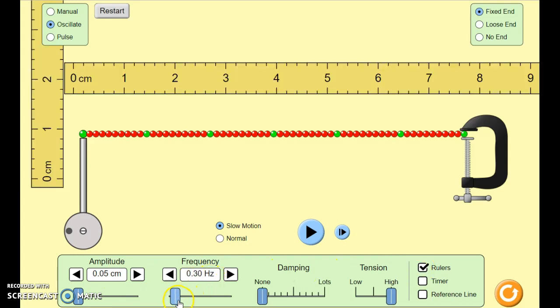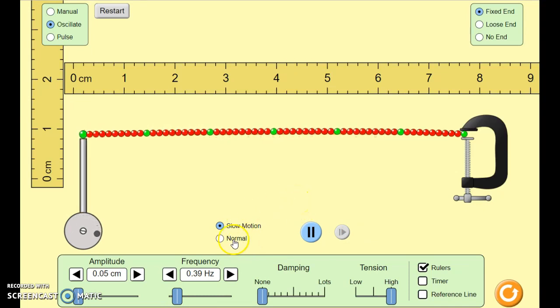And I'm going to set the frequency to be 0.4 hertz. And I'm going to take it out of slow motion. Okay.